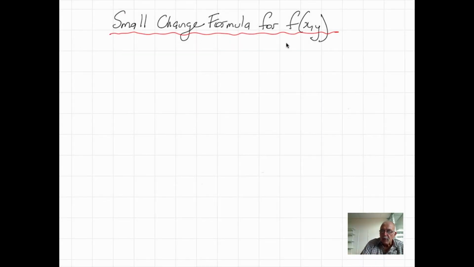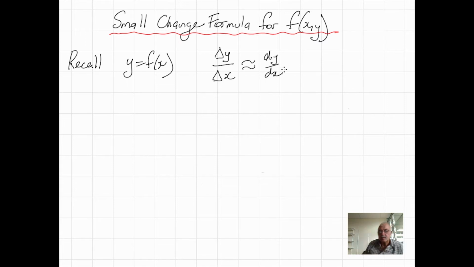There is a small change formula for when you've got a function of two variables. Now, if you recall, when you've just got y as a function of x, then you know that a small increment of y over a small increment of x is approximately equal to dy dx, if the change in x is small.